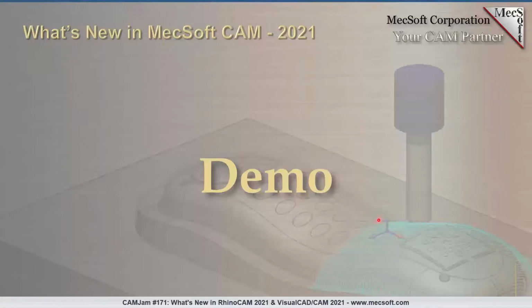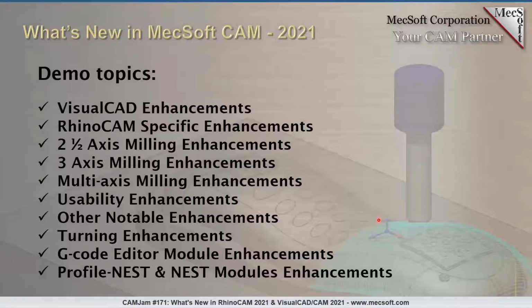We will be starting with the enhancements for the VisualCAD products, then we will cover the enhancements that are specific to RhinoCAM, and then enhancements in our milling module, starting with 2.5 axis milling enhancements, 3 axis milling enhancements, multi-axis, like 4 axis and 5 axis enhancements, usability, and other notable enhancements in 2021. We will also be covering enhancements in our turning module, G-code editor module, profile nesting, and parts nesting module as well.